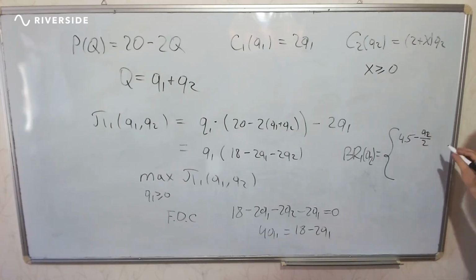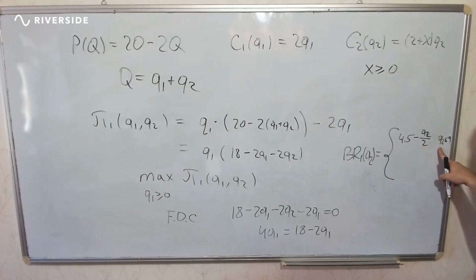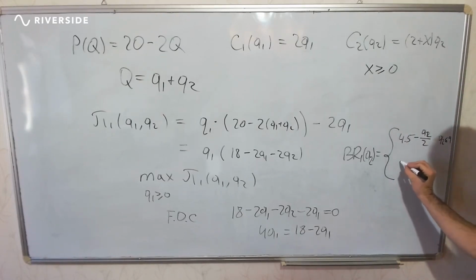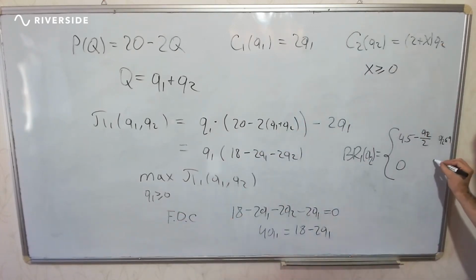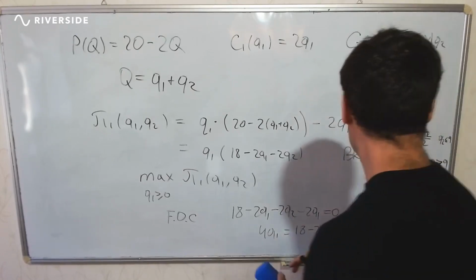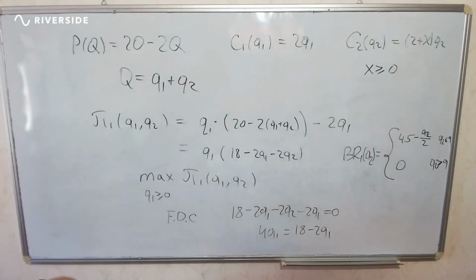That will apply as long as Q2 is less than 9, because when it's less than 9, this is a positive number. But once Q2 is greater than 9, we will run out, so it must be 0. Of course, we have this restriction when Q2 is greater than 9. Okay, so that's the best response of firm 1 as a function of Q2.